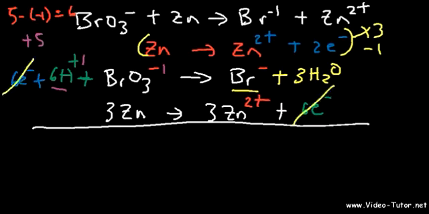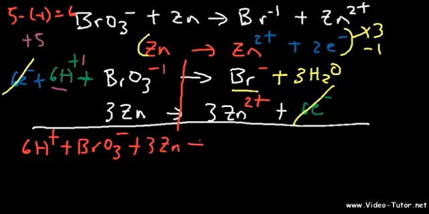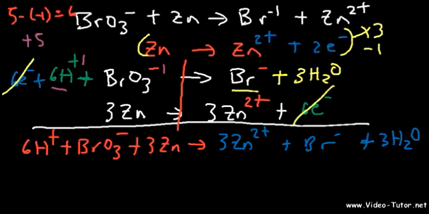The electrons will cancel, and everything on the left side falls down to the left side. So we have 6H plus, bromate, plus 3Zn yields 3Zn2+, Br minus, plus 3H2O. And now that reaction is balanced.